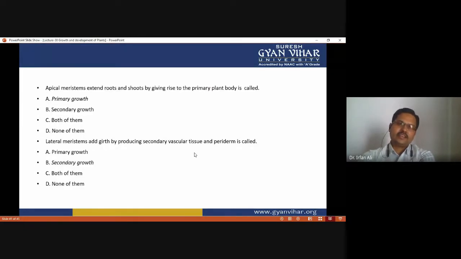An apical meristem extends roots and shoots by giving rise to the primary plant body, this is called what? Another question: lateral meristem adds girth by producing secondary vascular tissue and periderm, this is called what?